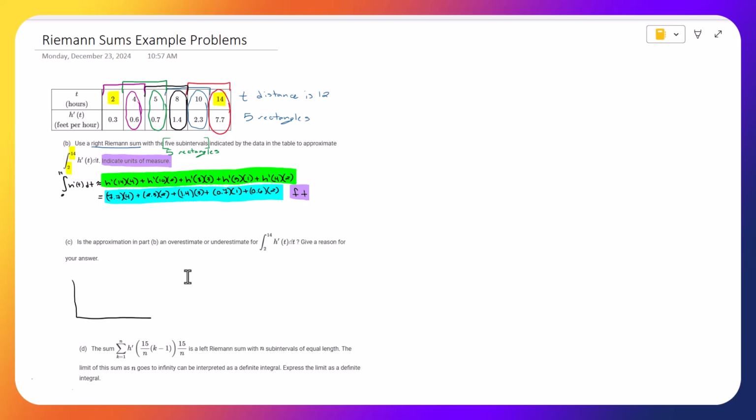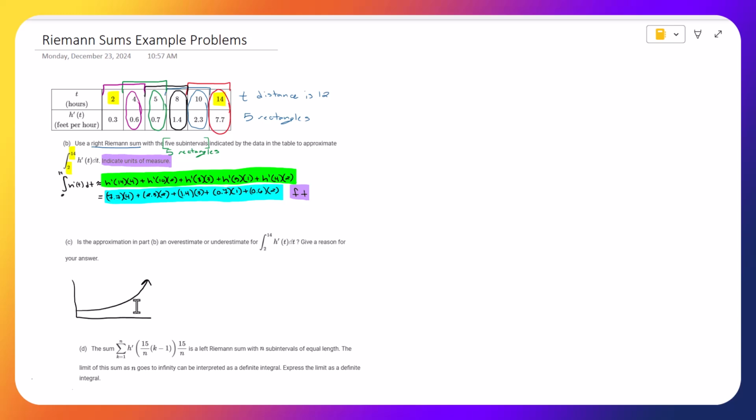But what is h prime of t doing? Well, 0.3, 0.6, 0.7, 1.4, 2.3, 7.7. H prime of t is going up. It's increasing. So we have a function that looks sort of like this, which actually looks similar to the function I introduced earlier.